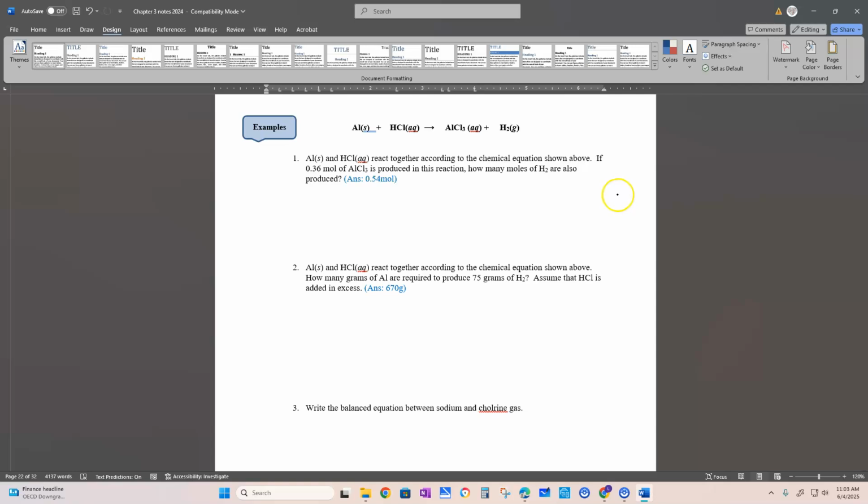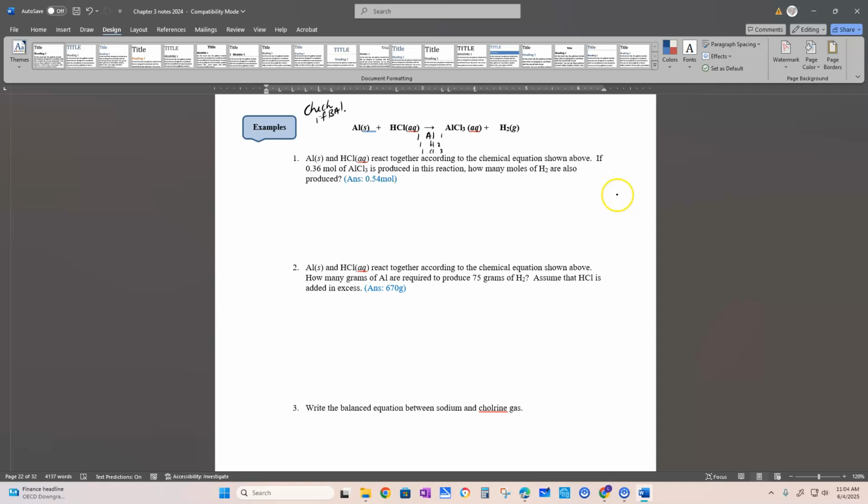All right, so I see an equation, and you always want to check if it's balanced. Looking at those chlorines, they definitely are not balanced. So I'm going to do a quick little balancing. Let's list our elements: aluminum, 1 on each side; hydrogen, 1 and 2; and chlorine, 1 and 3. I do see a diatomic, so I could think of a fraction, but we have to balance those chlorines first.